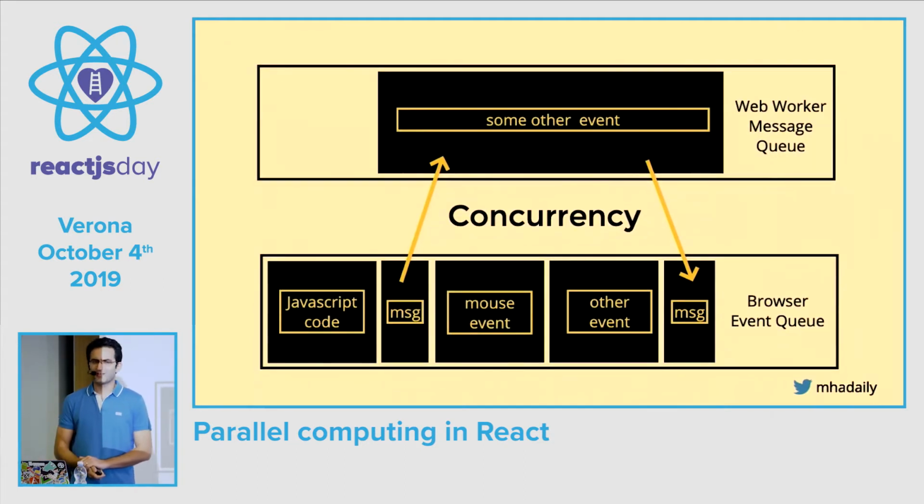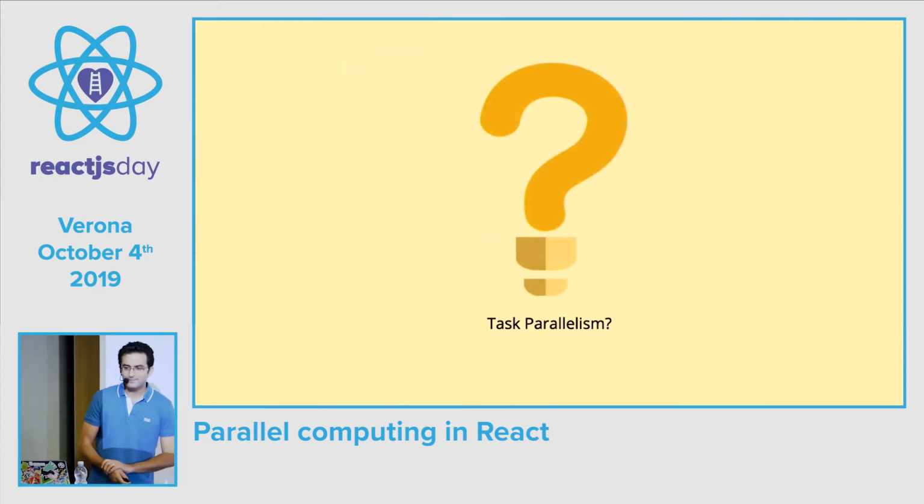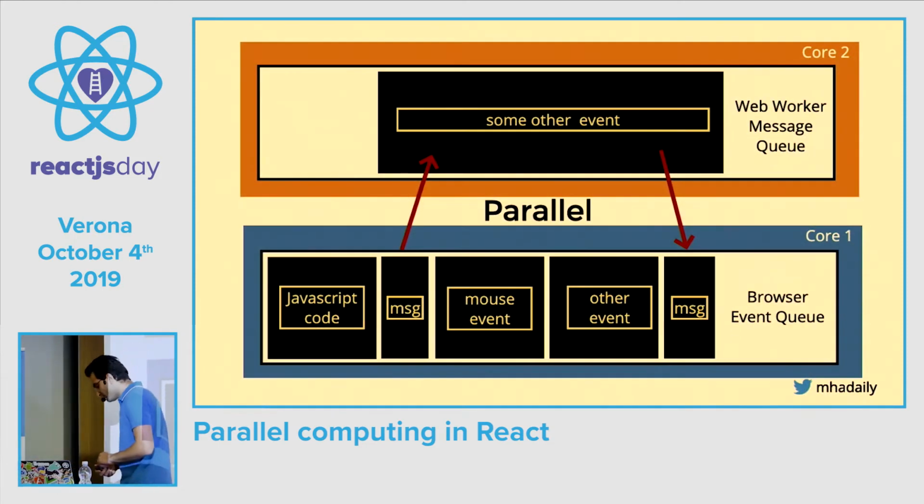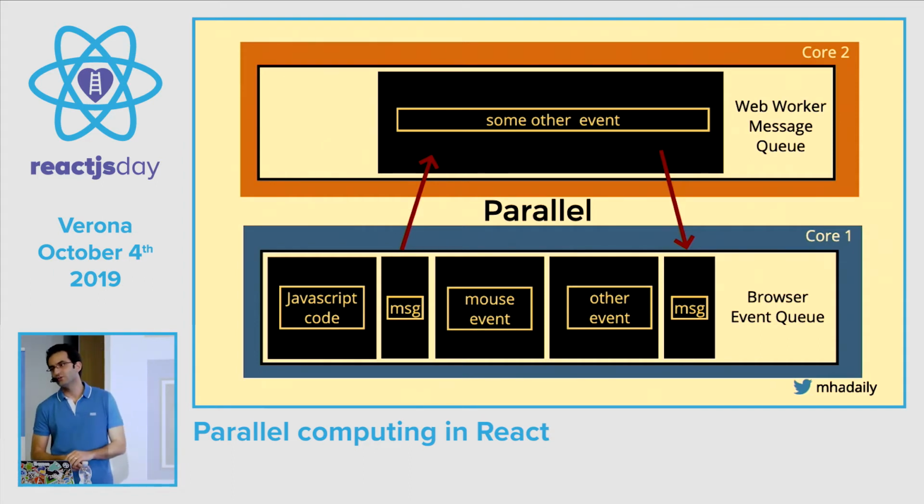But isn't this concurrency? Even though we have a different thread, isn't it still concurrency? Because these are all here, right? Where is the parallelism? Well, if you are running a browser on a multi-core CPU on your machine, there is nothing that stops the OS from actually running the different thread on a different core.